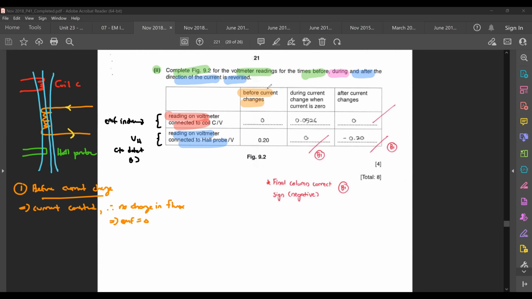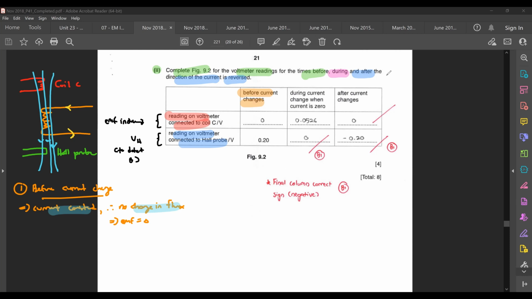Because your current was constant, your current hasn't been reversed in direction yet. So there's no change in magnetic flux because your magnetic flux was probably in a direction like this. I'm sorry, just now I drew it downwards for you. So let's just maintain some consistency. So current constant, no change in flux, EMF is 0.